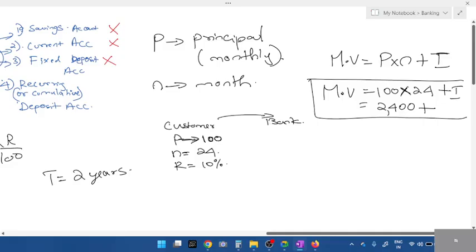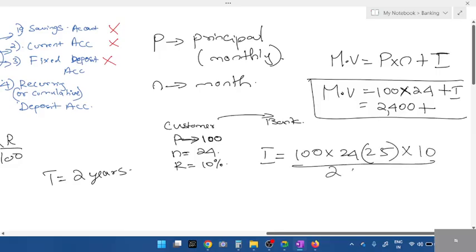The bank has made use of our cash, for that they'll pay interest. How to calculate interest? The formula is P into N, P is 100, into N is 24, N plus 1 is 25, into rate is 10, 2 into 12 divided by 100.